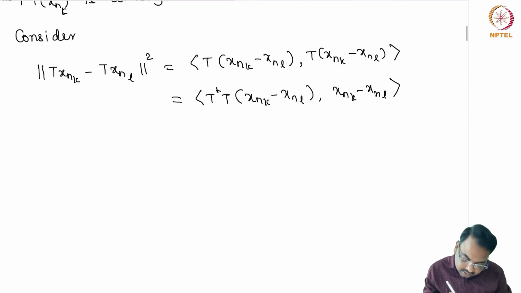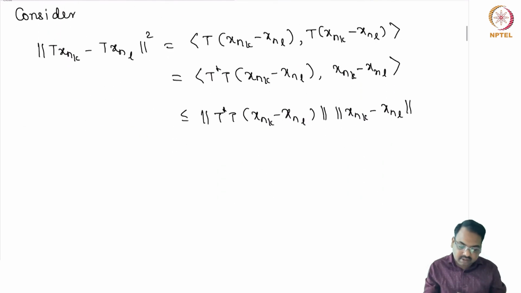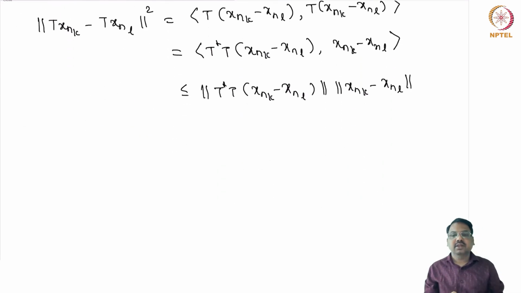Now this is less than or equal to norm of T star T of xnk minus xnl into norm of xnk minus xnl. Now xn is a bounded sequence, so norm of xnk minus xnl is bounded by some constant.